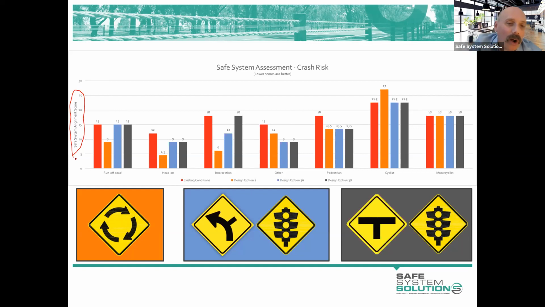What we see on the x-axis are crash types, including the user when we get into these three at the end. So what we've got is run-off road crash, head-on crash, intersection crash, other, which actually tries to cover anything that has been missed in any of these other categories. I'll come back to it.